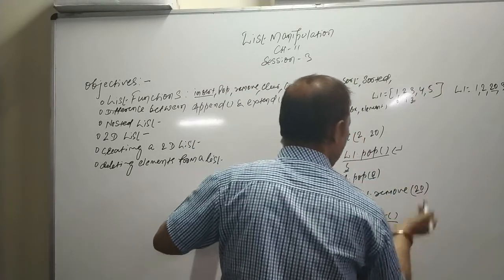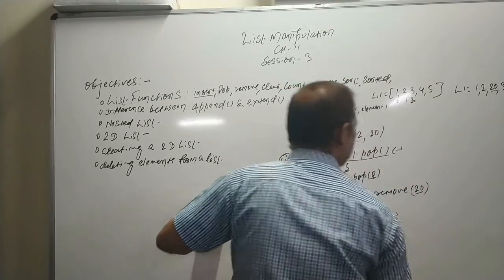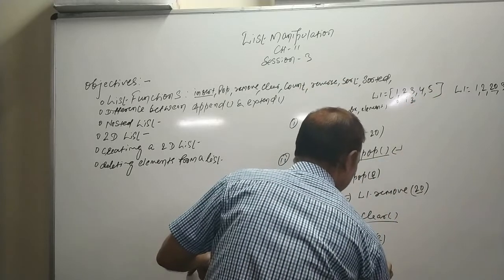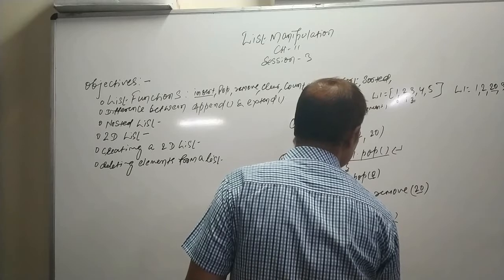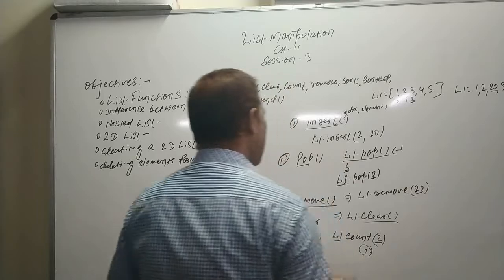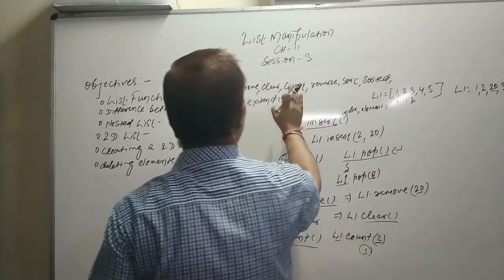Suppose I say 2. In this case 2 is there only 1 time, so it will give you only 1. So L1 dot count 2 means it will count the occurrence of 2 in the list L1, and it will return the number of times that element is present in that list. That is how count is.